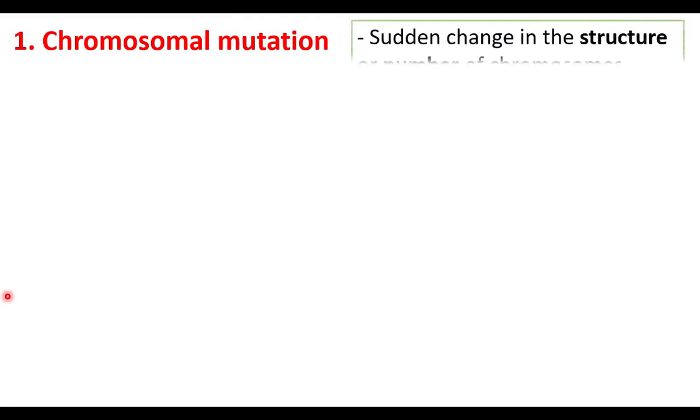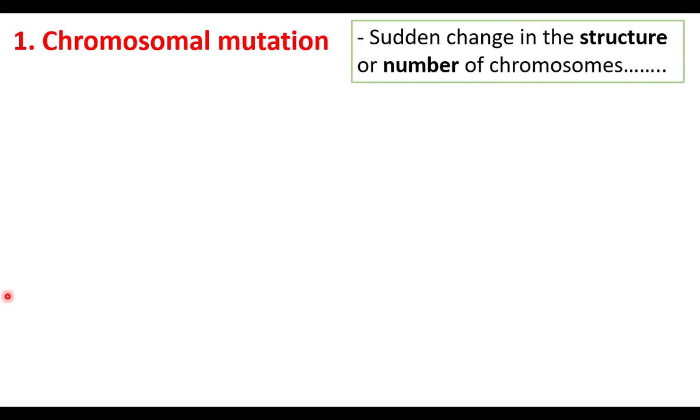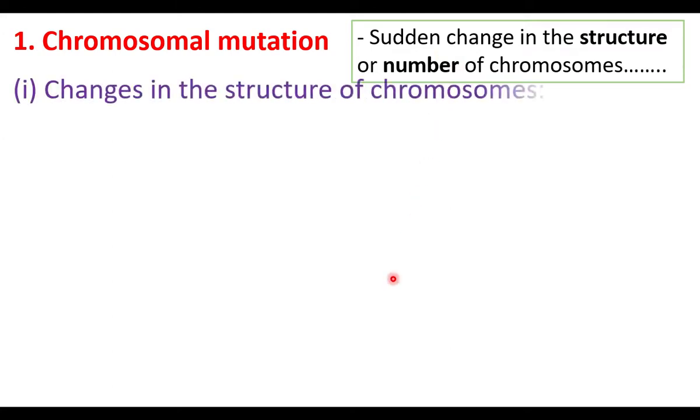What is chromosomal mutation? Sudden change in the structure or number of chromosomes is called chromosomal mutation. These changes are called sudden changes because these changes happen in one generation. Changes in the structure of chromosomes are a kind of chromosomal mutation.